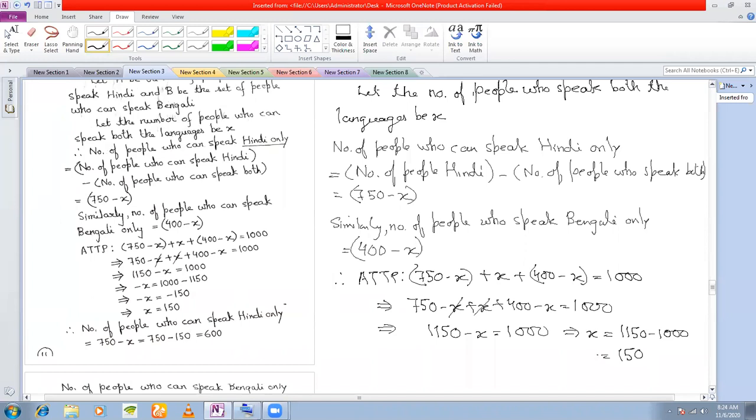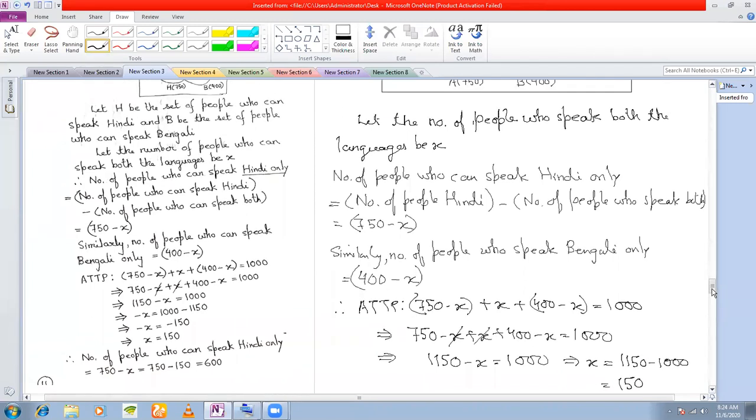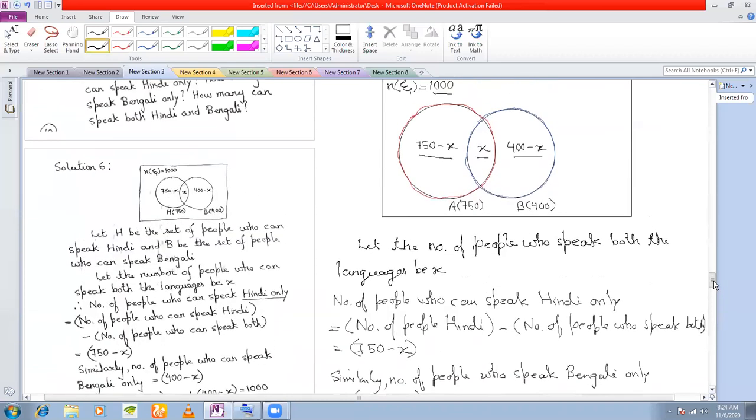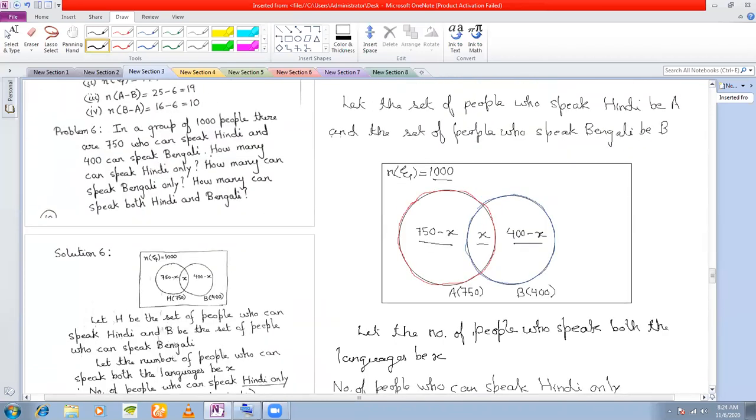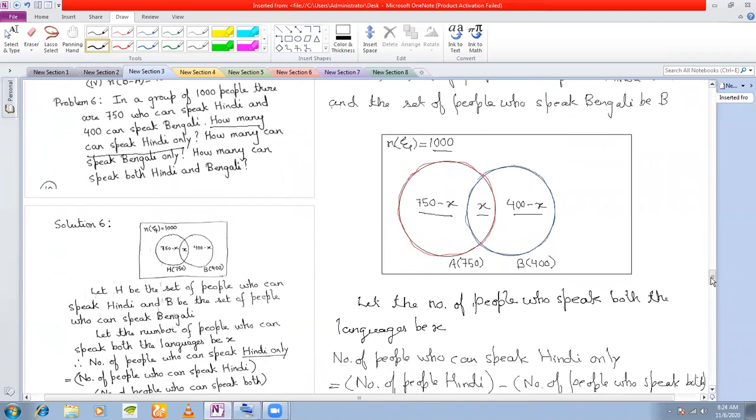So number of people who can speak both is how many? 150. So now number of people who can speak Hindi only. First, that is the first question, right? How many people can speak Hindi only? So once you have found out X, what you are going to do here is you're going to write it here in the Venn diagram. Okay. X you have found out to be 150. You write X is equal to 150.